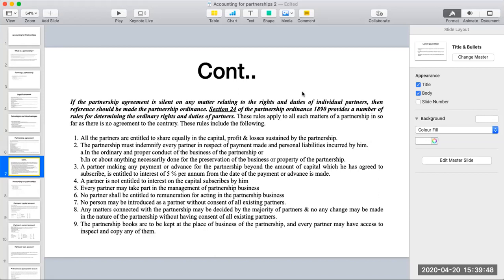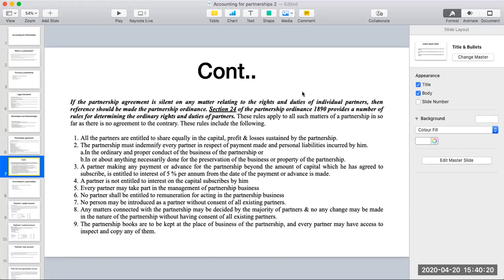Every partner must take part in the management of the partnership business. No person may be introduced as a partner without the consent of all the existing partners. So let's say there's an ongoing business, and if any new member is coming in, the consent of all the partners should be taken for that. Any matters connected with the partnership may be decided by the majority of the partners.